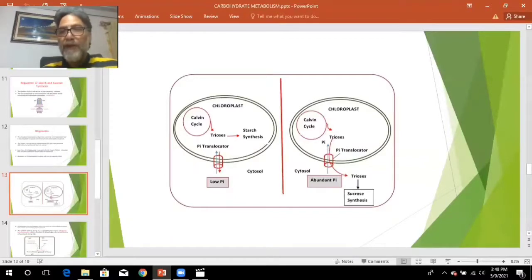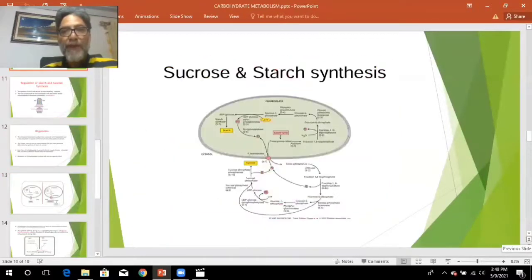That means there will be the synthesis of sucrose, which can take place through this set of reactions.